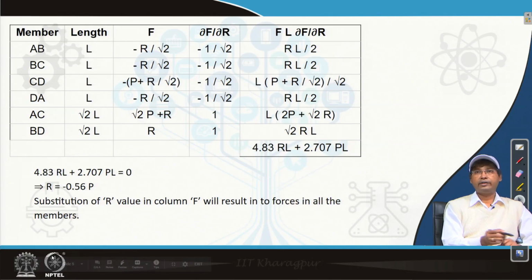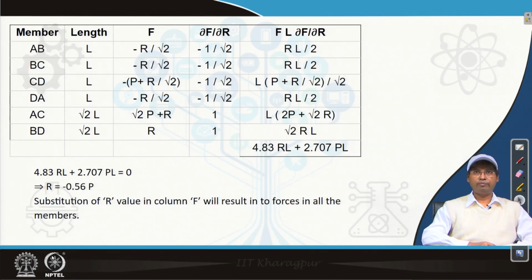With that understanding, following the tabular procedure for solving truss problems, we are quite familiar with the process. We will try to find the equation for that particular member as given on the previous page.